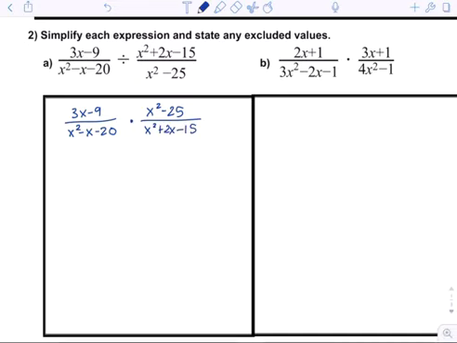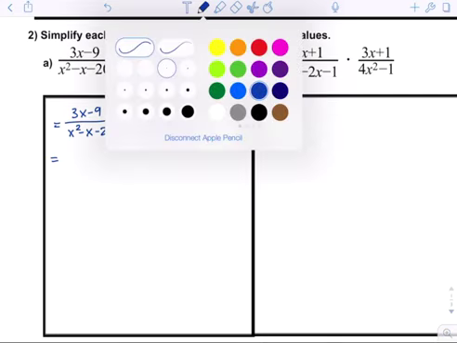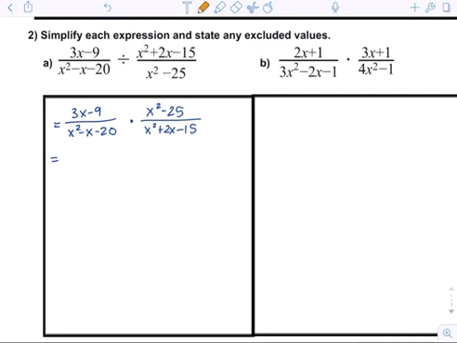All right, now it's time to factor everything out. So let's factor. Okay, I'll color coordinate this for you guys. This one, I see we can take a 3 out from both 3x and minus 9. So 3 parentheses x minus 3.